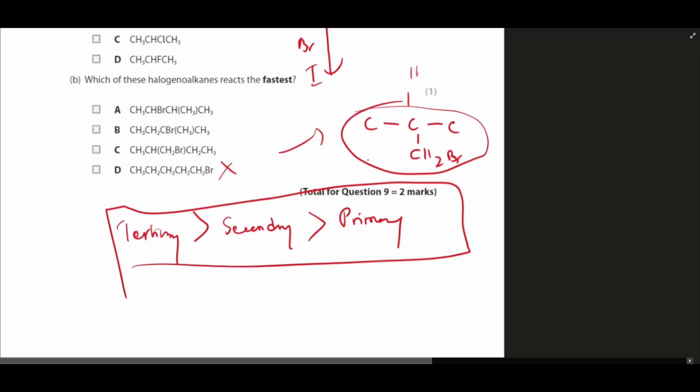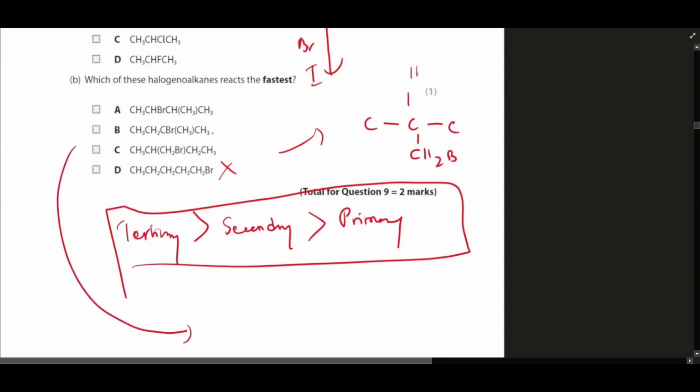No, it's tertiary, isn't it? No, I made a mistake. That is not correct, because that's something else. That is primary. Okay, so B and C are a little bit tricky.